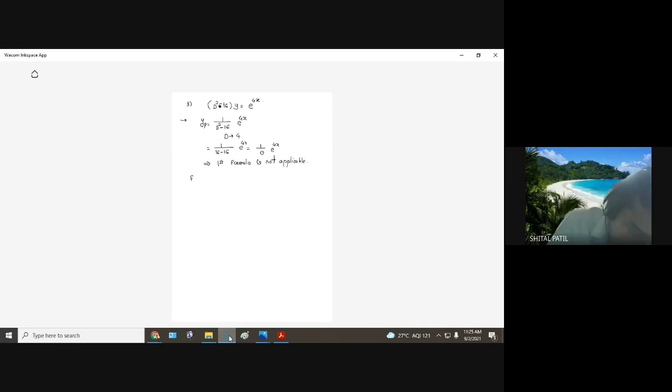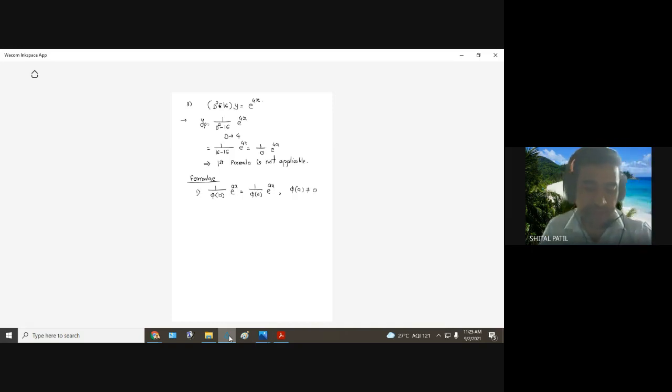So formulas: 1 upon phi of D operated on e raised to ax equal to 1 upon phi of a, e raised to ax, provided, now I am writing the condition, phi of a not equal to 0.